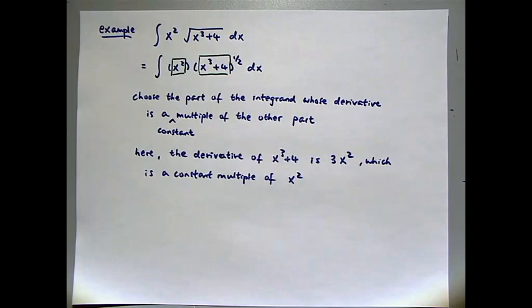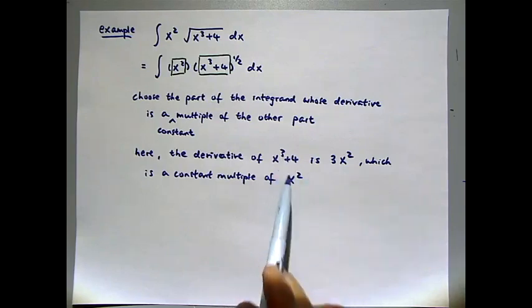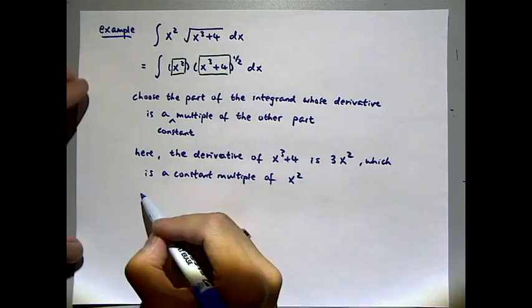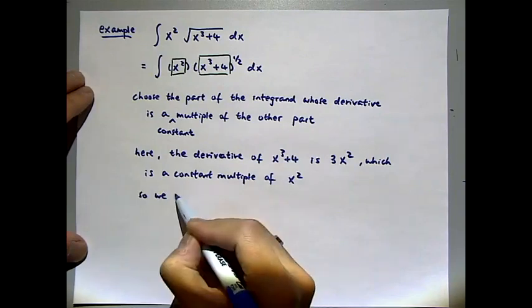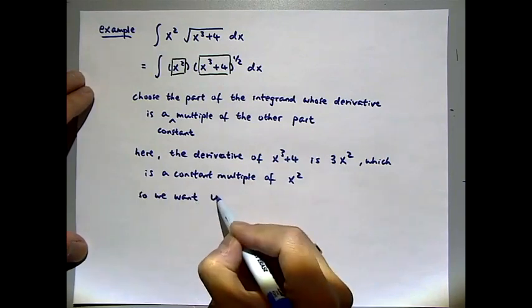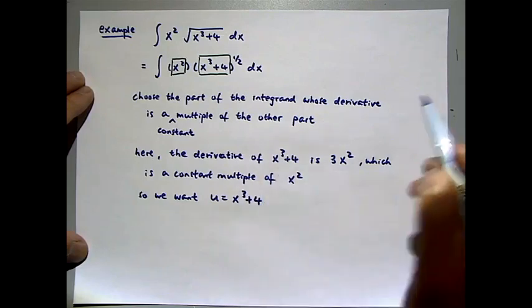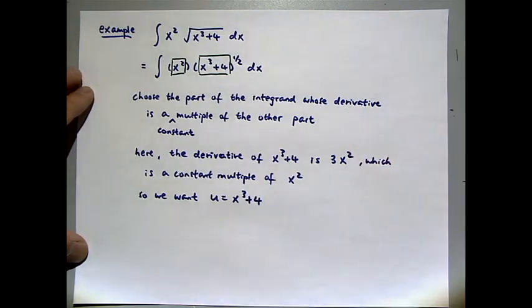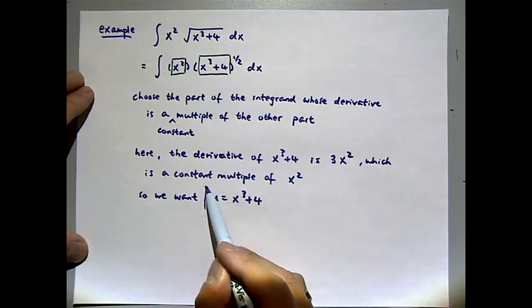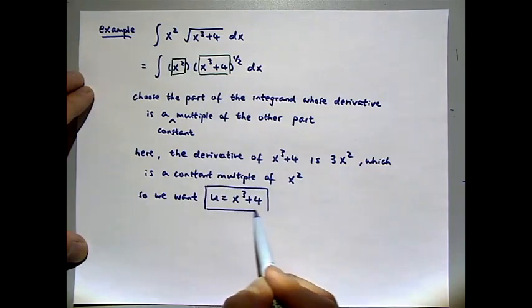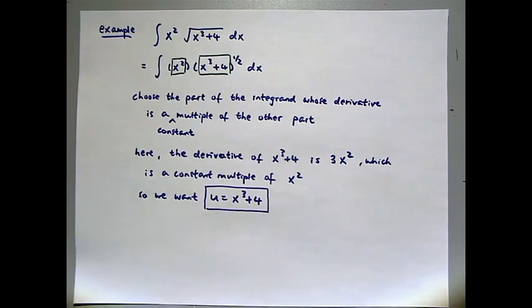If I take the derivative of one of them, and it turns into some constant multiple of the other part, then that's what I want u to be.